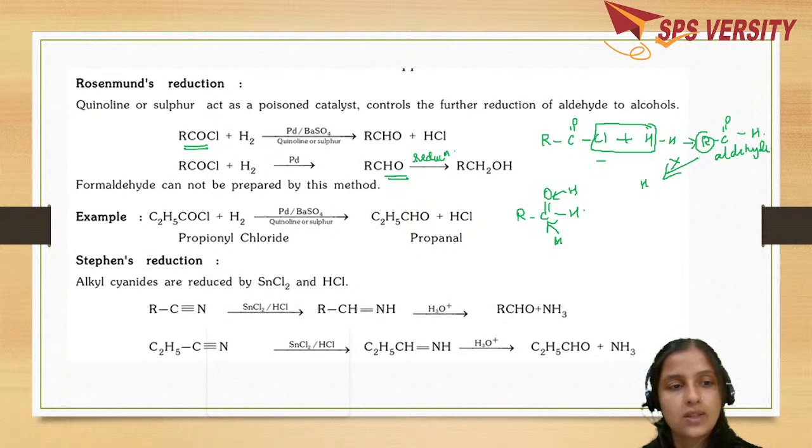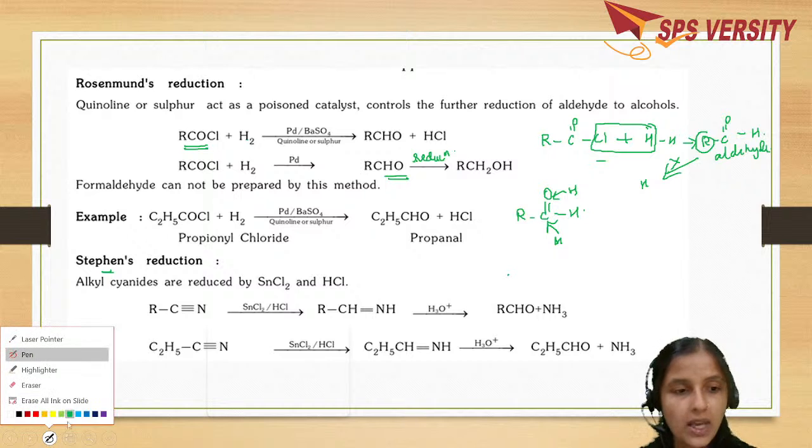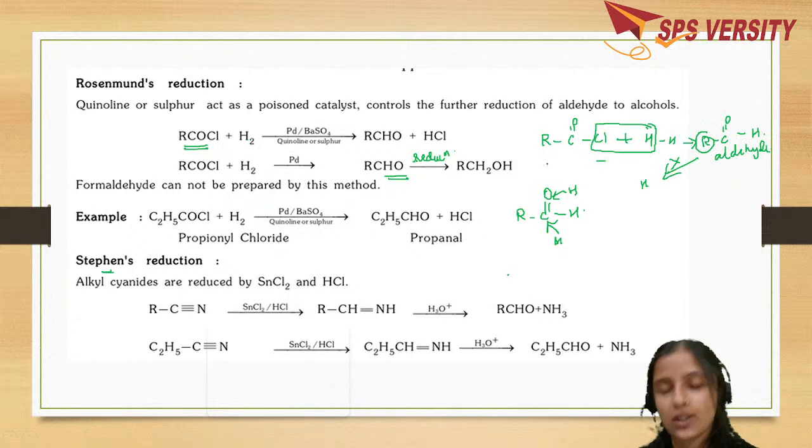Then we have the Stephen reduction, where the alkyl cyanide is treated with tin chloride and HCl, which is a good reducing agent. So if it is RCN, I'm changing the ink so that you will be able to identify this is a different reaction.